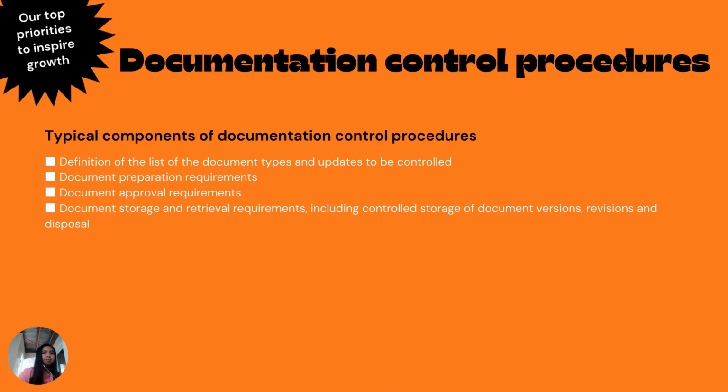So here are the documentation control procedures. The SQA tools that regulate the handling of a control document from its creation to its final disposal are called documentation control procedures. Typical components of such procedures include the definition of the list of document types and updates to be controlled, the document preparation requirements, the document approval requirements, and lastly the document storage and retrieval requirements, including controlled storage of document versions, revisions, and disposal.